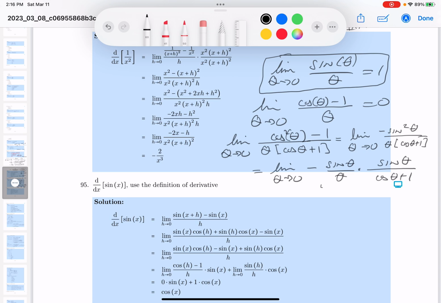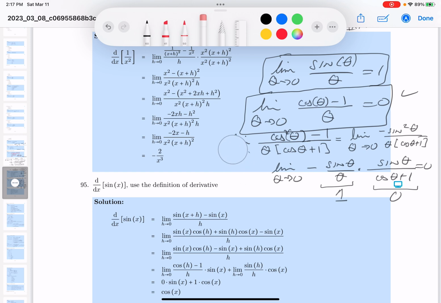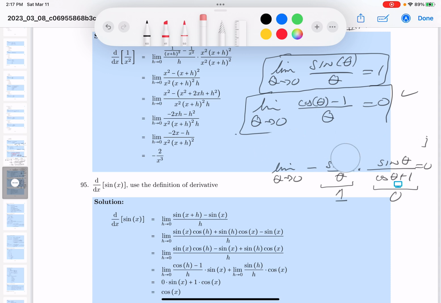Well, the first limit's easy. It's just the number 1. And this other limit is also pretty easy. You're going to get 0, because as theta goes to 0, sine goes to 0, and the bottom goes towards 2, so it's 0. Anyway, these two need to be known. And I would say, for the most part, before you enter an exam, they probably should be written down, just in case they pop up, so you know what they are.